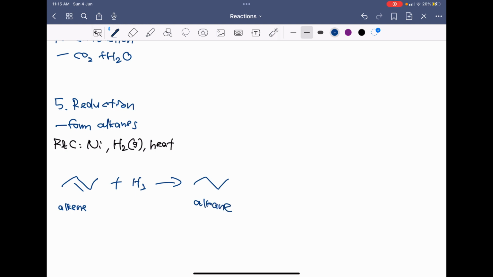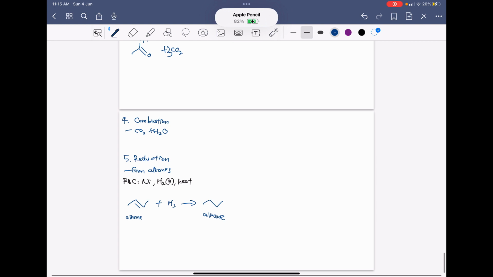And that's all there is to know about alkenes.